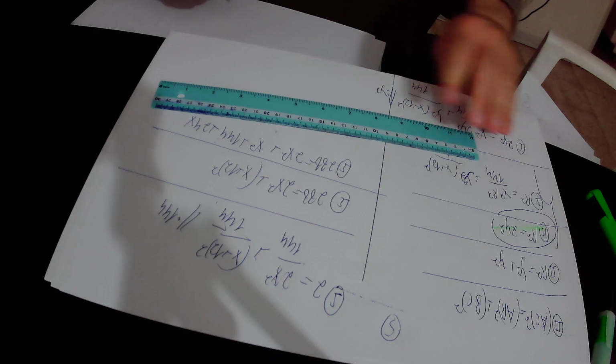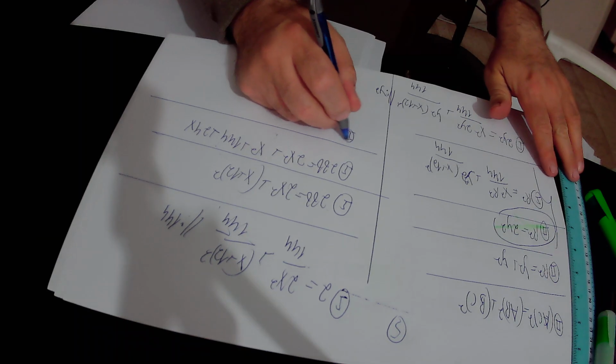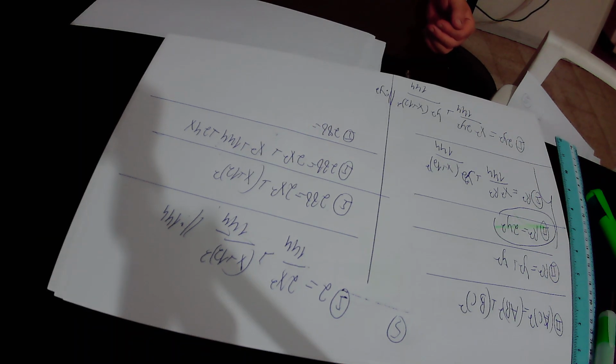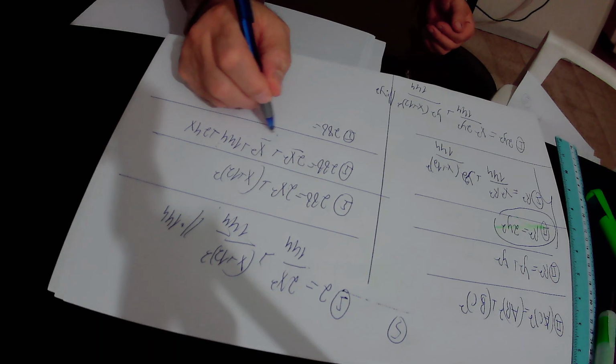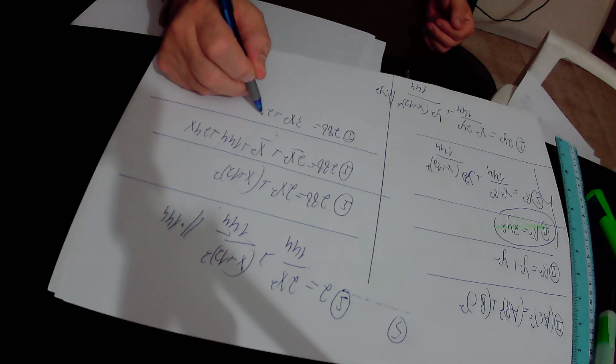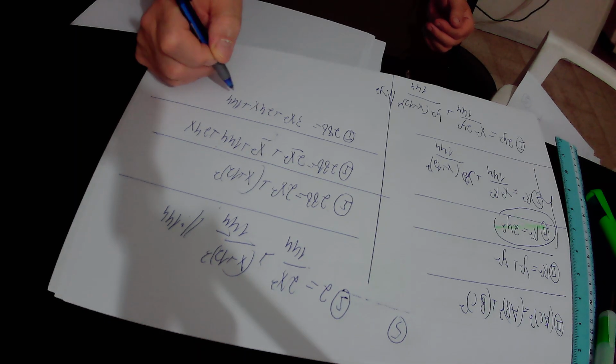So I finally found out that according to equation 1, 288 equals 2x squared plus x squared, that is 3x squared, plus 24x plus 144.